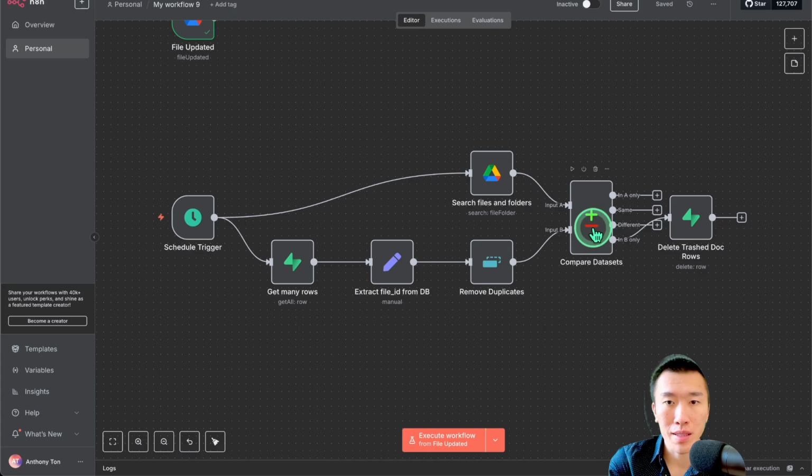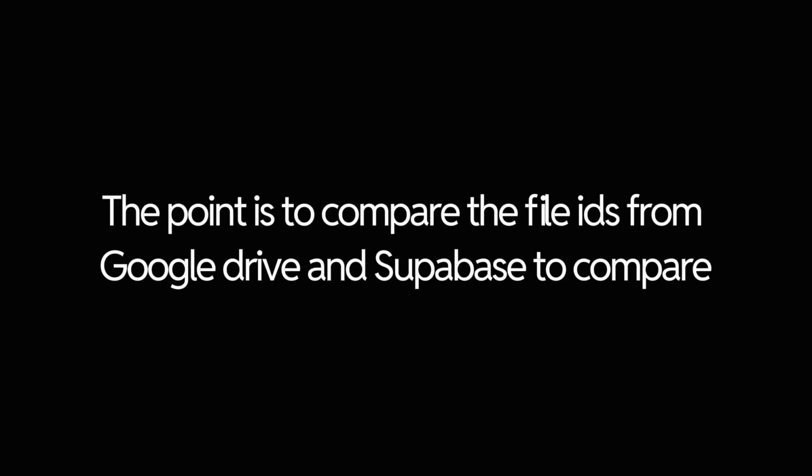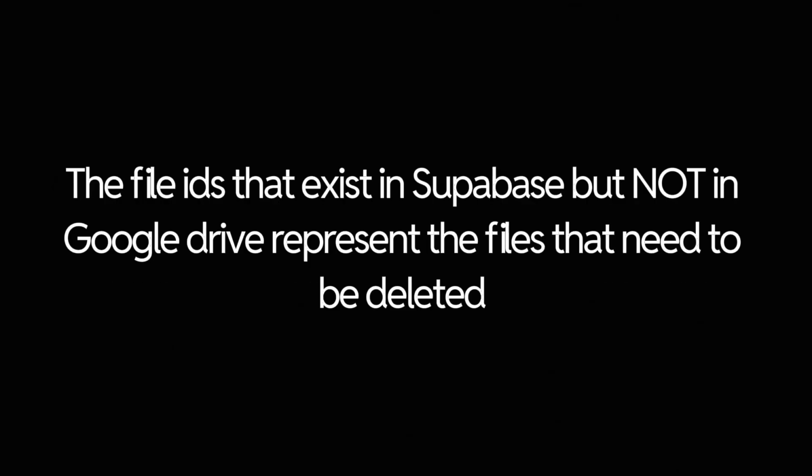And at the same exact time, we're going to get the file IDs from the Google Drive. And the point here is to compare the file IDs that exist in Google Drive with the file IDs from Supabase, so that the file IDs that exist in Supabase but do not exist in Google Drive will represent the files that were deleted.